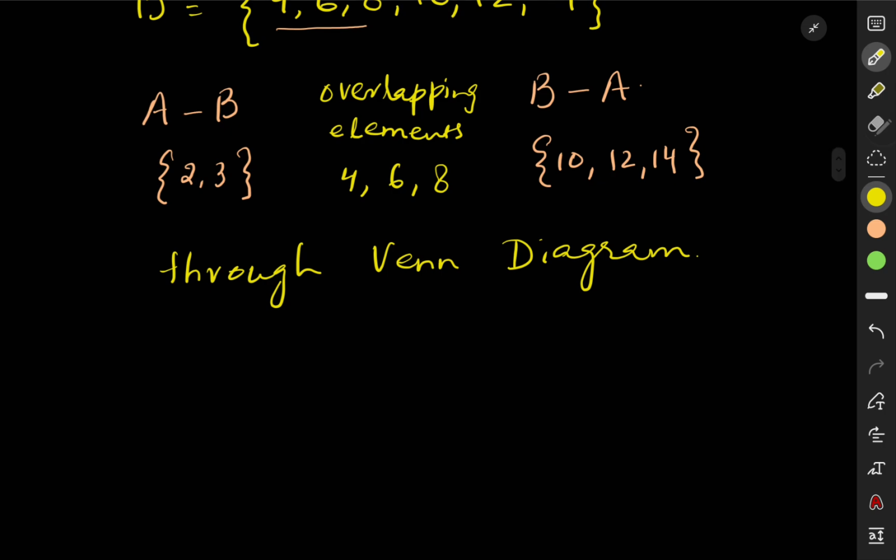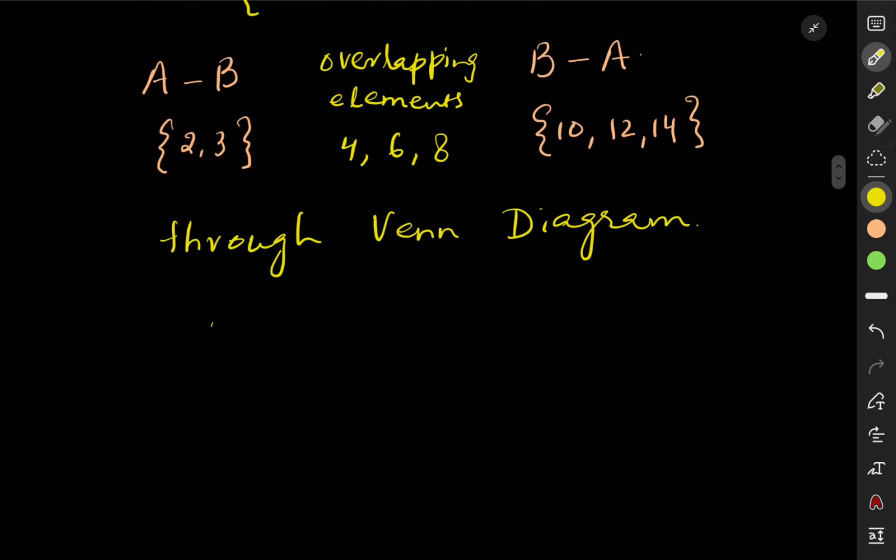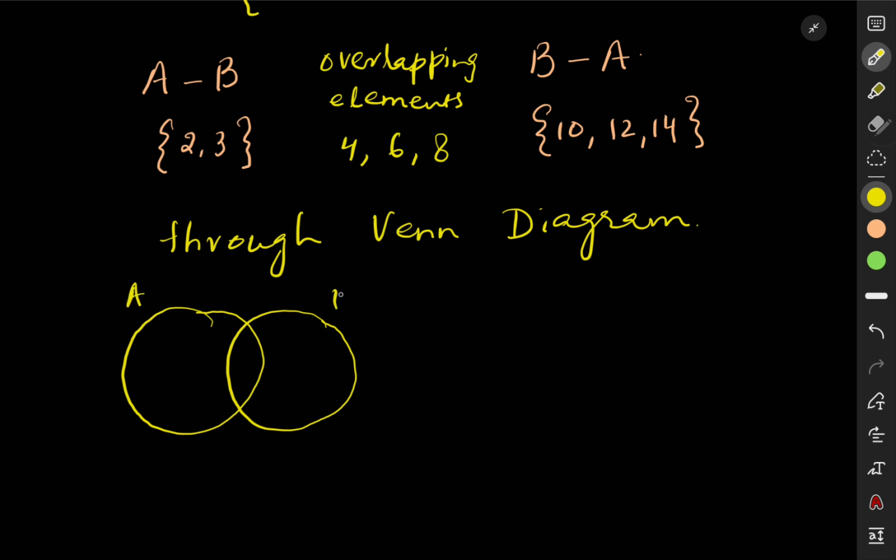Through Venn diagram, A difference B: the A set and the B set. So the overlapping region of these two sets is this one.